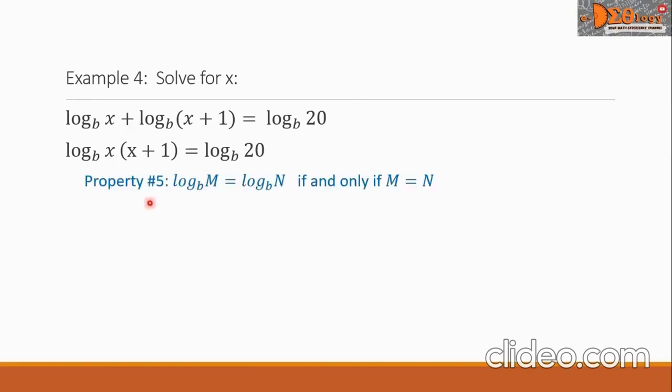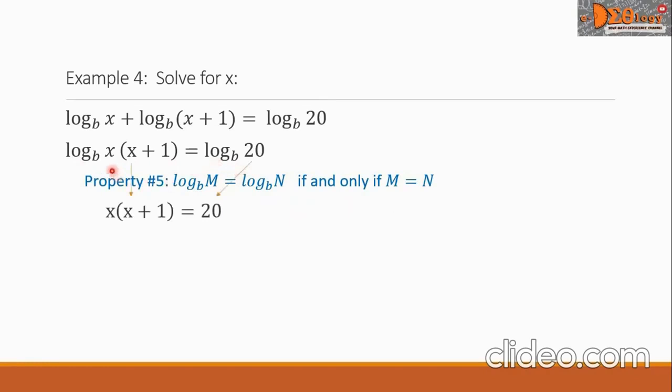We have property number 5 that says the log of capital M to base b is equal to the log of N to base b if and only if M equals N. It means to say, since both the left side and the right side are logarithms to base b, we can remove the logarithm directly from both sides.